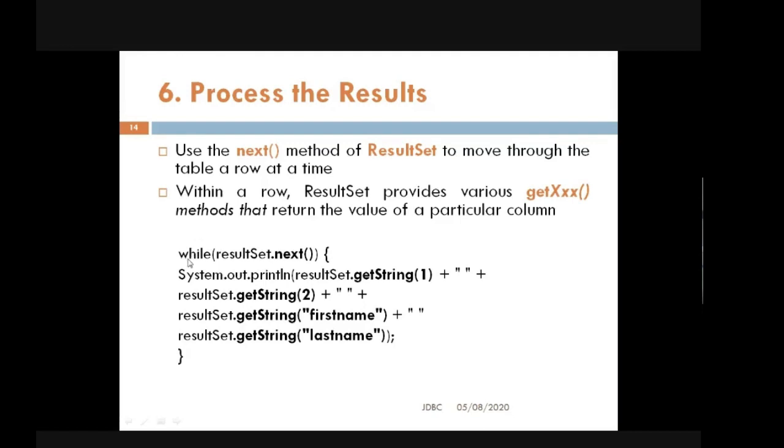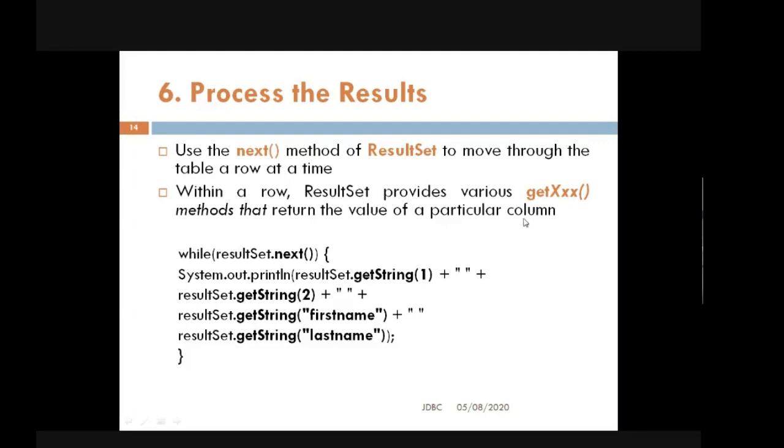For that, you can make use of a method called next, which is used for pointing to the next row in the result. When it is called for the first time, it will indicate the first row which has been affected. While iterating, the pointer will move to the next row.